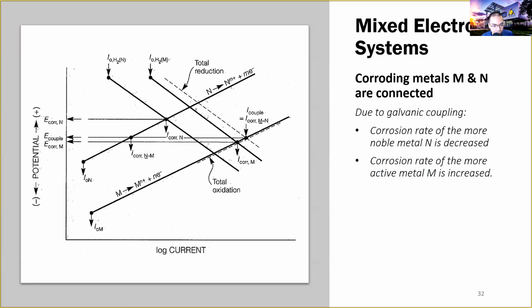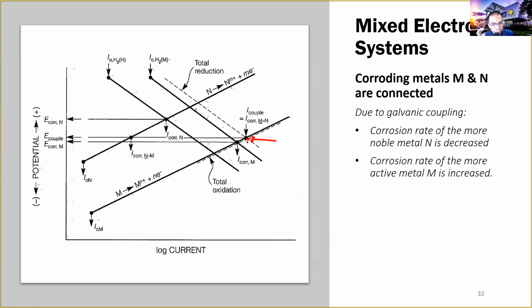So, na-establish natin from the intersection of the I of the total reduction and total oxidation. Sorry, nagsistall ako kasi kailangan kong yung pen. It's somewhere here. Ito yung intersection. And yung E nung couple natin will be somewhere here as well.